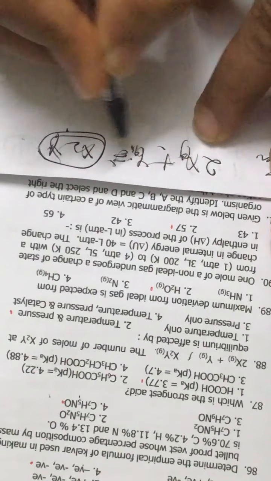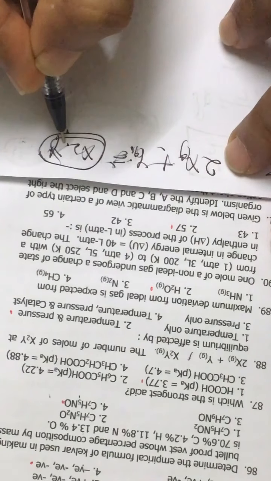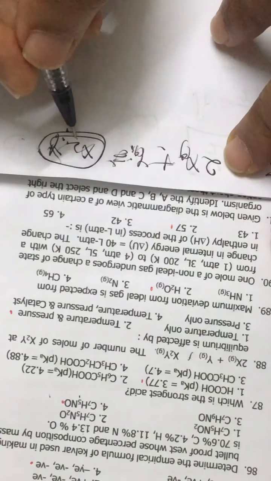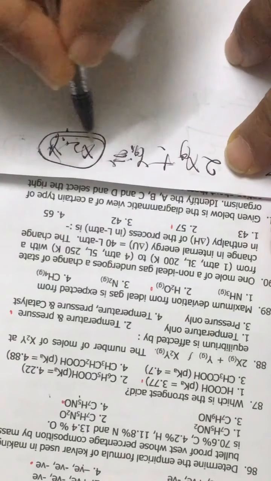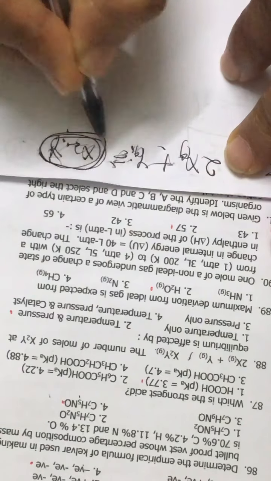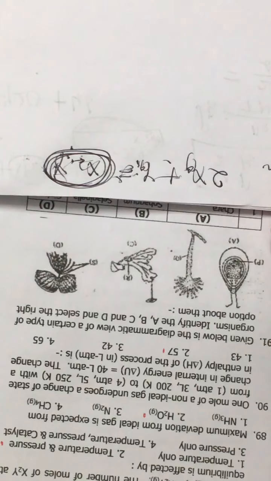So if you increase the pressure, the forward reaction will increase, and the second is temperature. By increasing or decreasing the temperature, you can affect the concentration of x2y. Catalyst has no role to play, because once equilibrium is established, there is no role.